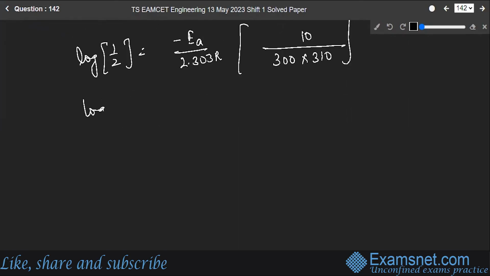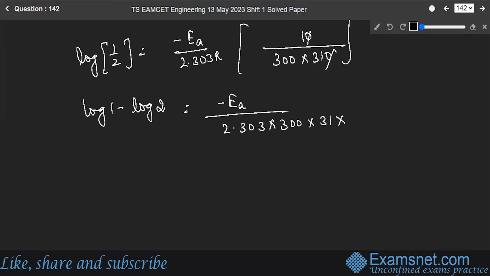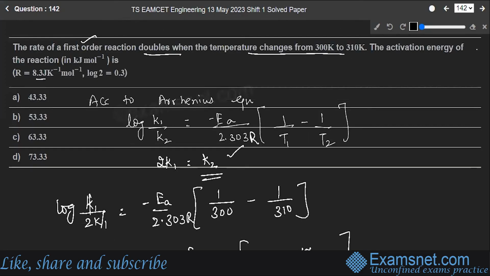And this is log 1 minus log 2 equal to minus EA upon 2.303 into 300 into 310 into the value of R, which is given as 8.3.